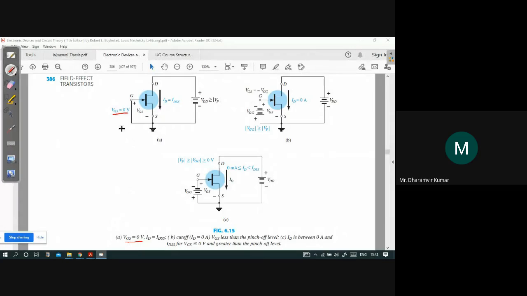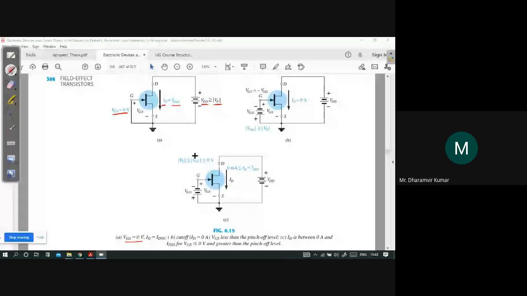And we know that when VGS is 0, the maximum current that flows through the channel is called IDSS, and this is for the condition when the value of VDD is greater than the pinch off voltage in magnitude. This we have seen.